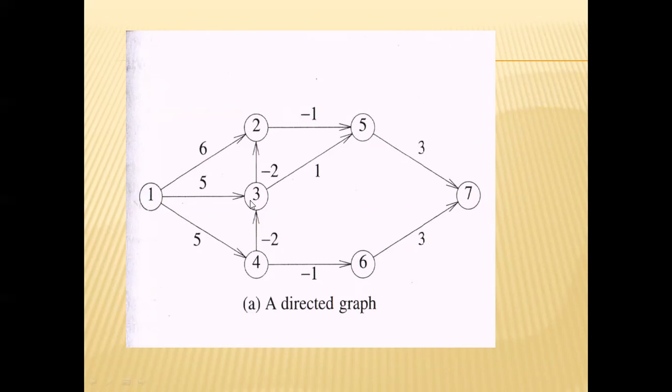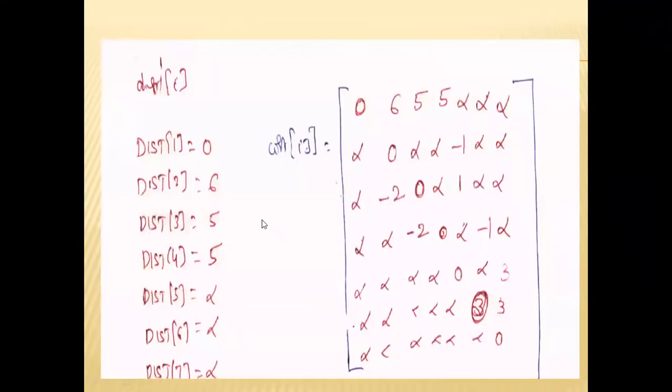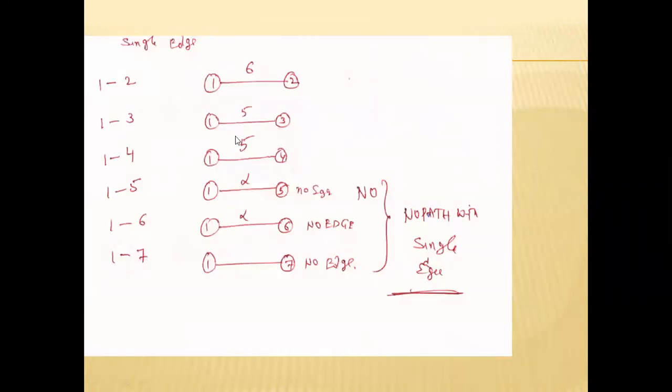The shortest path from 1 to 3 by using a single edge is 5. Next, 1 to 4 is 5. Next, there is no edge from 1 to 5, no edge from 1 to 6, and no edge from 1 to 7. So we are finding the shortest path from the first vertex to the remaining vertices by using a single edge.